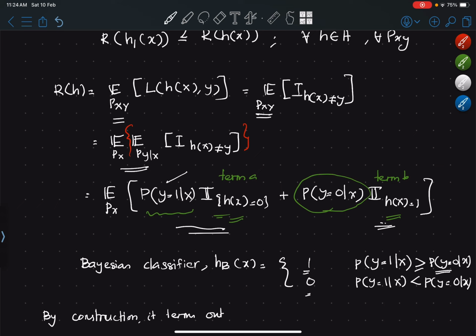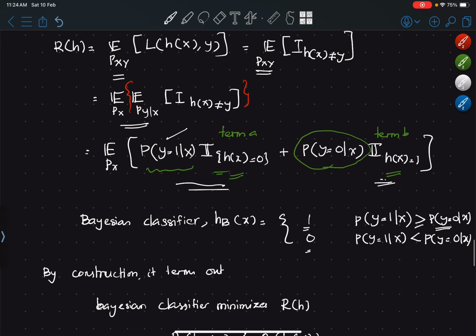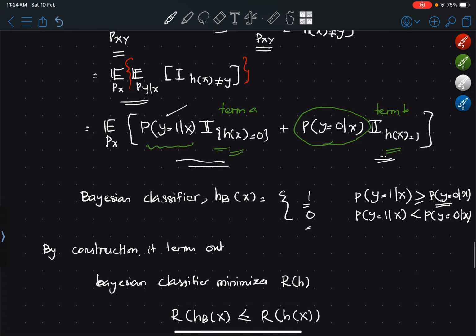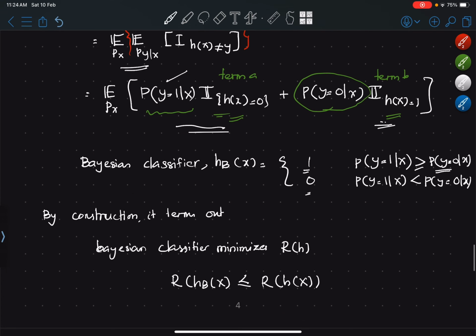Now we have split the terms using the two values which h of x can take. This is valid for any kind of hypothesis, but we are choosing a hypothesis by construction. We're designing a hypothesis such that it always chooses the minimum between these two terms.